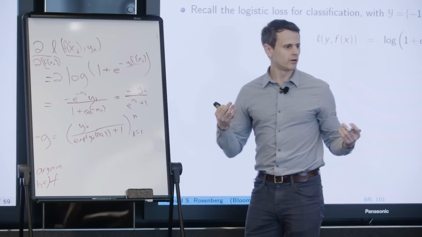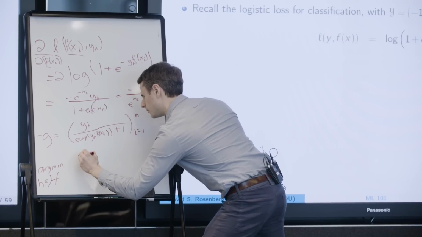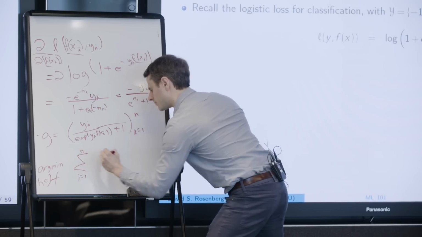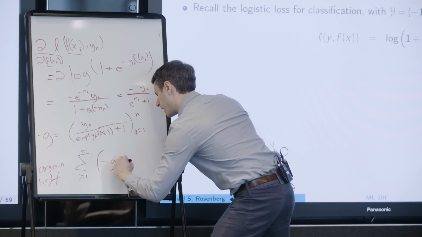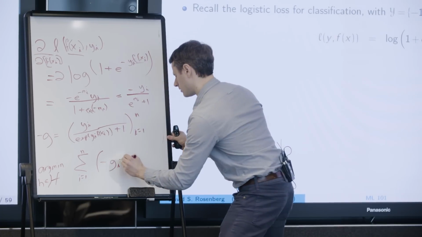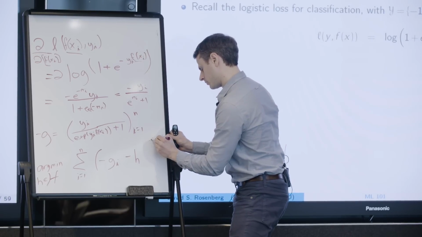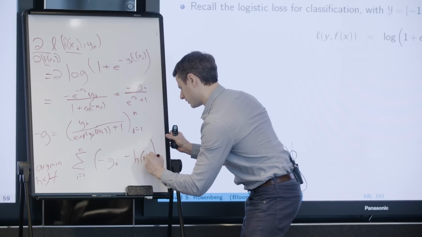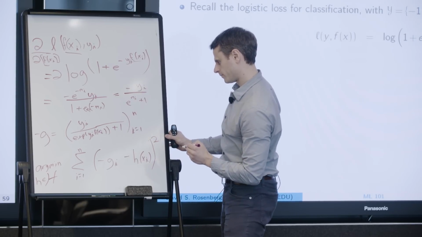We have an argmin over h in the base hypothesis space of a summation over i of g sub i, the ith entry, minus h of xi, squared.